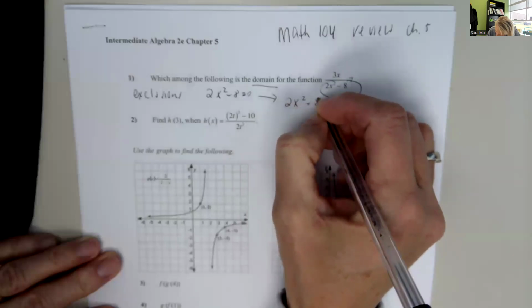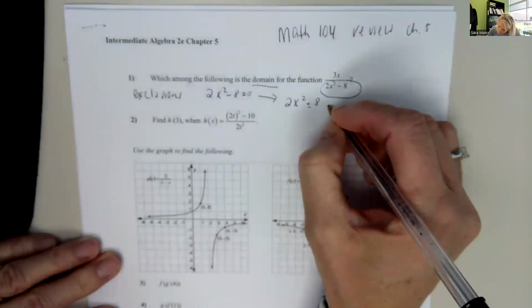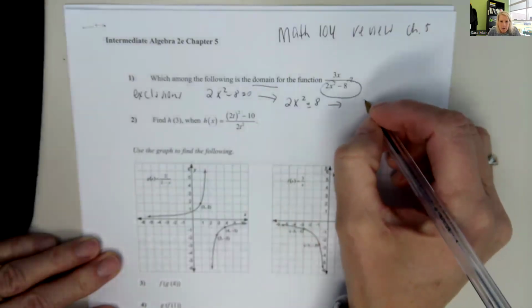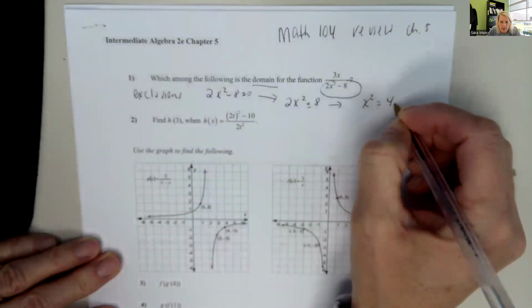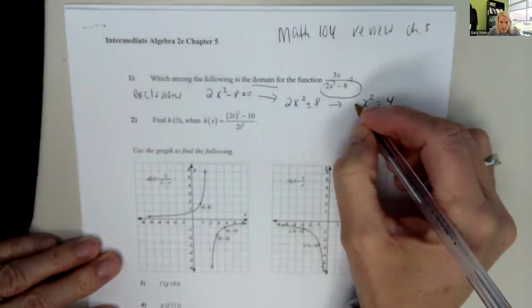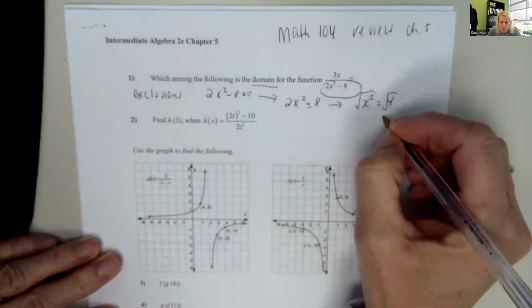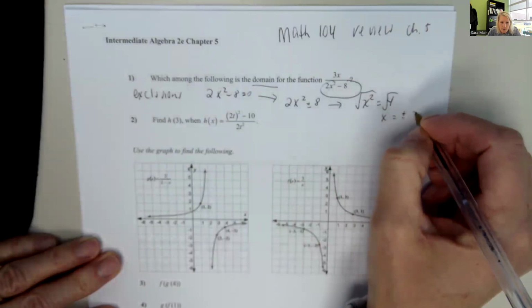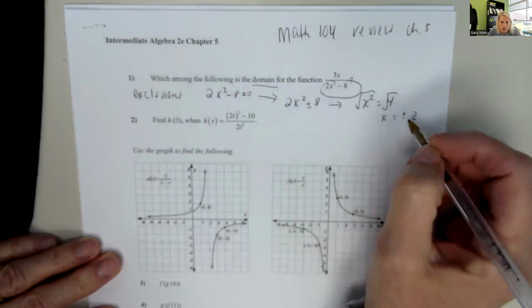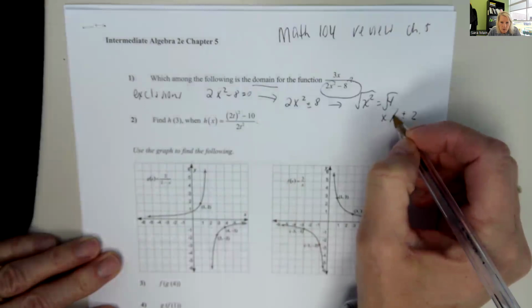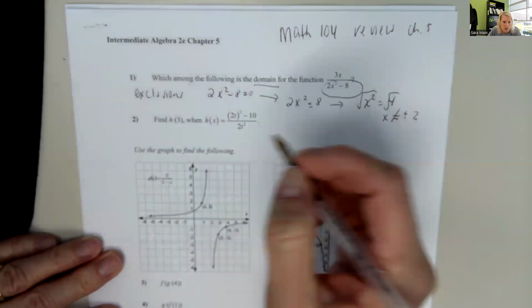So if we add 8 to both sides, and then divide by 2, we get this. And then if we take the square root of both sides, we'll find out that x being plus or minus 2 would give us that issue. So those are exclusions. We cannot have x equal to plus or minus 2.